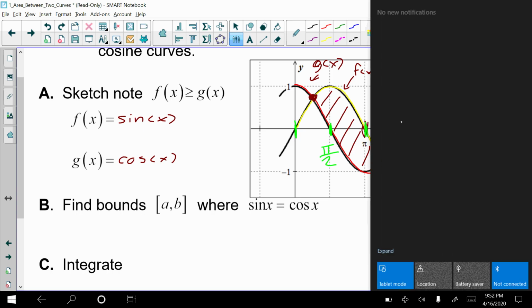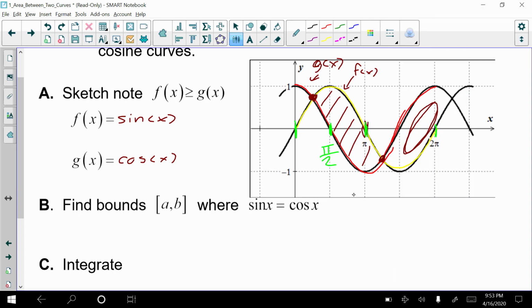And right here, that is going to be, what was it, 3 pi over 2. That will allow us to see where these functions are going to be intersecting. If you want, you can pull out a unit circle and see where they're going to be.